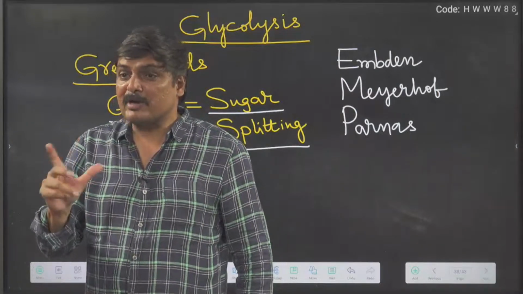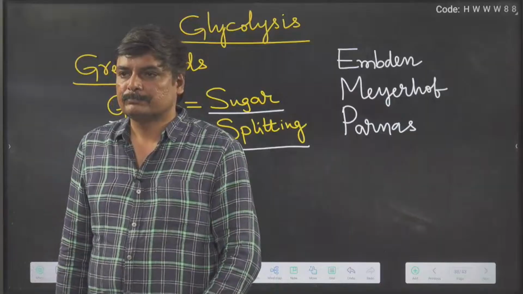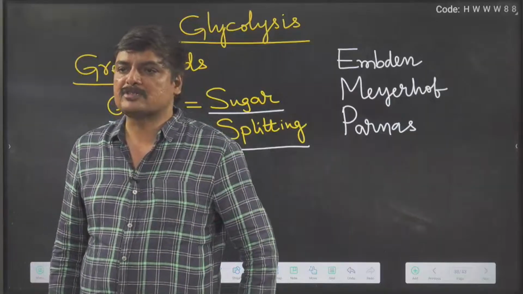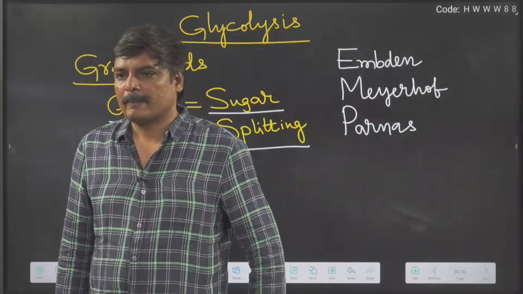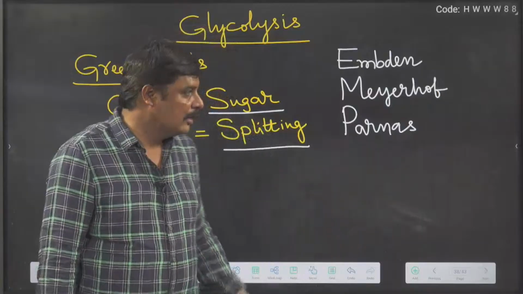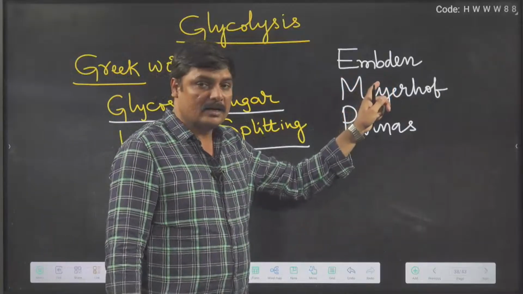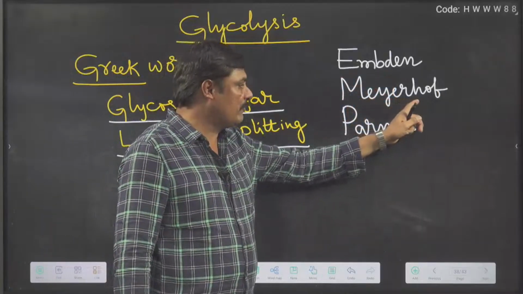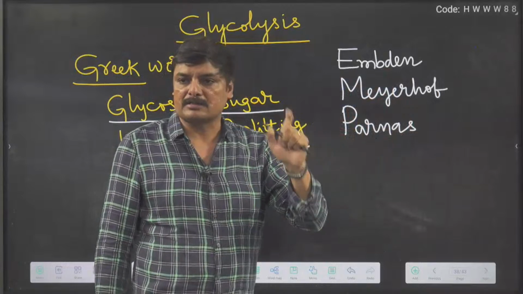They are German scientists, biochemists, namely Embden, Meyerhof, and Parnas.